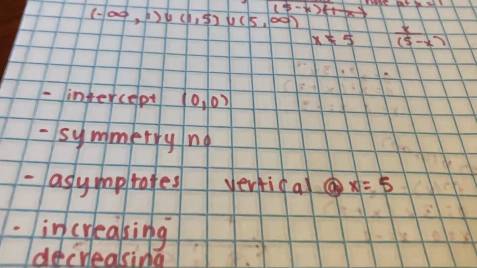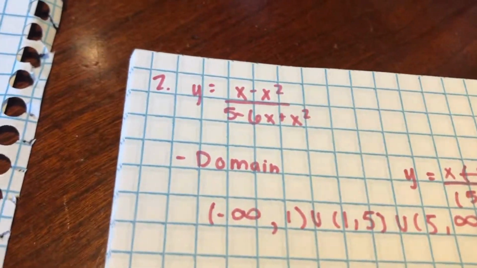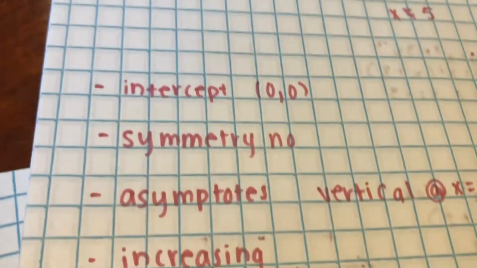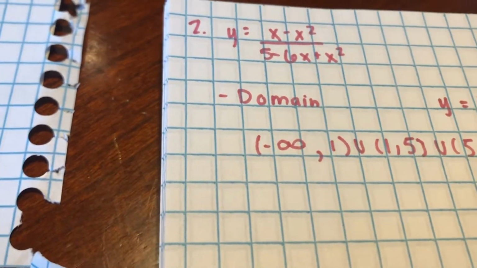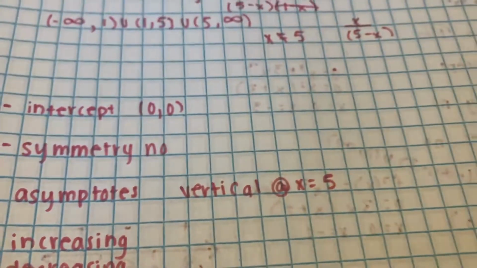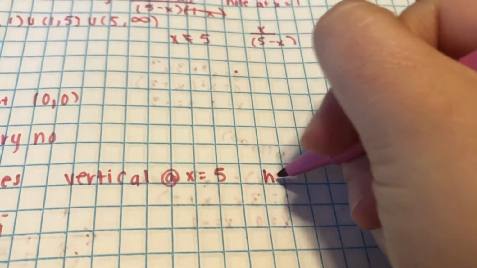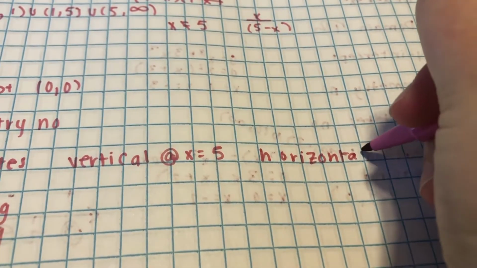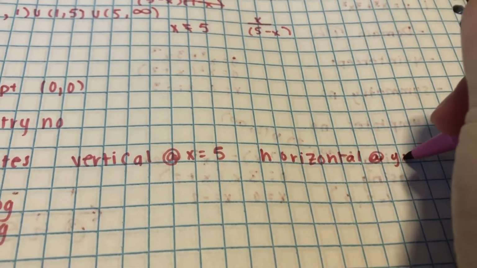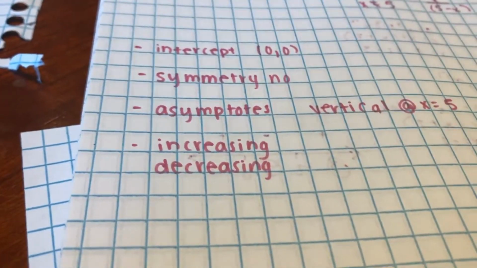We also have a horizontal asymptote. If we take the leading coefficients, x squared over x squared, the number in front is -1 over 1. So we have our horizontal asymptote at y equals -1, and that's just an easier way to find the horizontal asymptote.